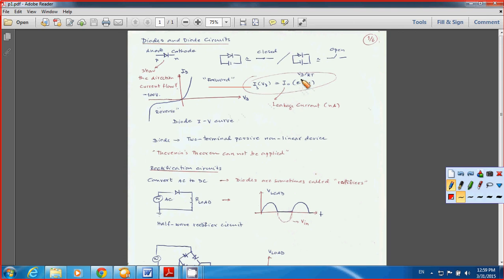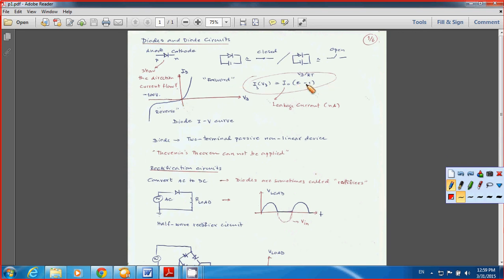Let's say the voltage across the diode becomes 0, this term becomes 1, right? Exponential to the 0 equals 1. 1 minus 1 gives you 0, so you don't have any current flowing through the diode.